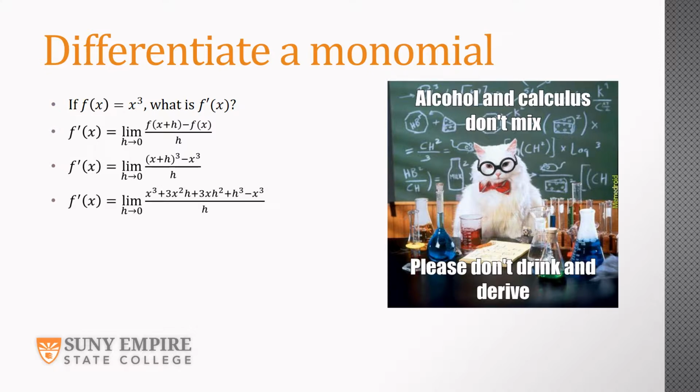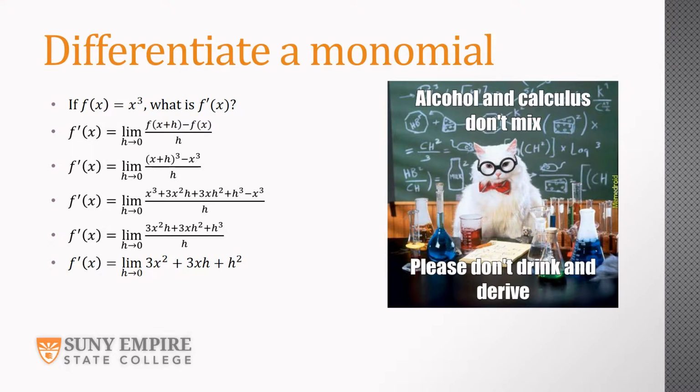Expanding the quantity x plus h cubed, we get x cubed plus 3x squared h plus 3x h squared plus h cubed. Subtracting, we have the limit as h approaches 0 of the quantity 3x squared h plus 3x h squared plus h cubed divided by h.